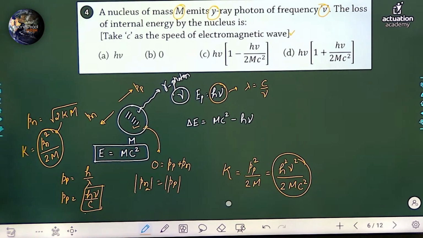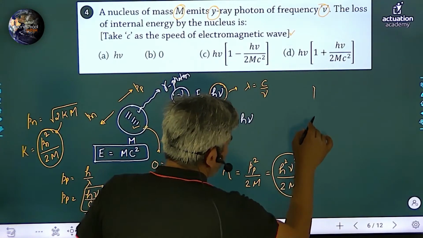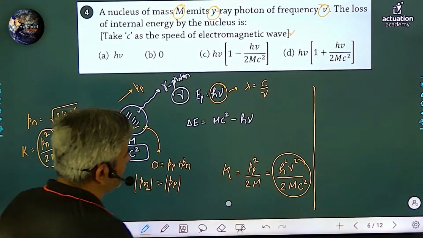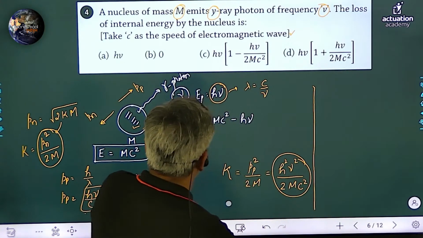Now, the initial energy is mc square, and this is h square nu square by 2mc square.